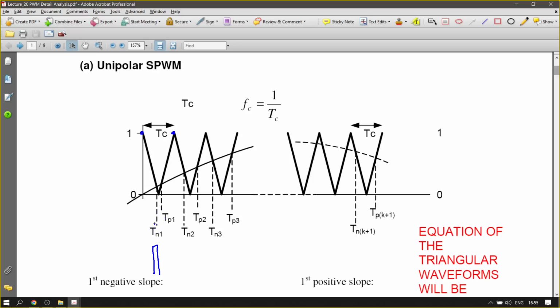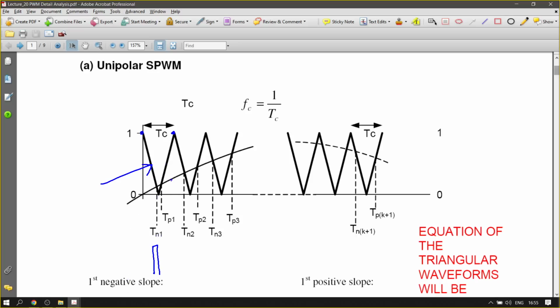Okay, so we have Tn1. Tn1 is the point, what we call it, the intersection between the triangular carrier signals with the sinusoidal signals. This is the first negative slope. That's why it's known as Tn1. This is a negative slope, isn't it? So that's why it is known as Tn1.